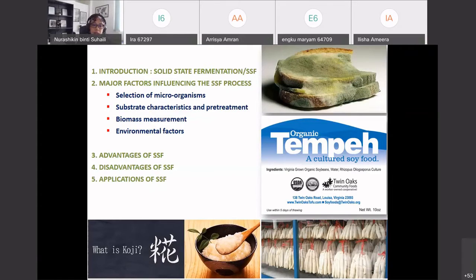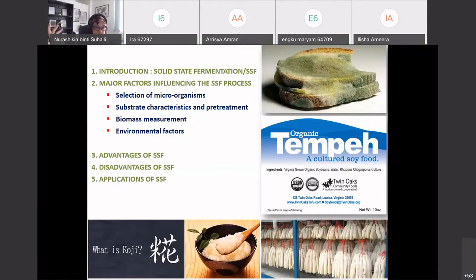If you are talking about agricultural residues, like the waste or the residues that come from the industry, from agriculture, like fruit waste, from plants, it is also called biomass.